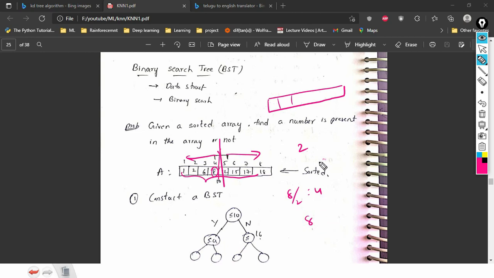The value we have to find is 2, which is less than 8, so we search here. Here we have 4 elements, 4 by 2 is 2, we split here, and at 2 we have the value 2. That means we find the value in 3 steps, but before that we need to sort the values.